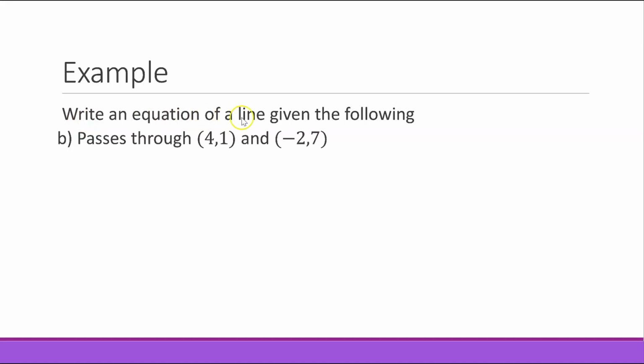Now we want to write an equation of a line given the following information, that here the line passes through the points (4, 1) and (-2, 7). So this time I've been given 2 points, an (x1, y1) and an (x2, y2). Well, again, anytime you see "write an equation of a line," we would typically think about point-slope form of a line.